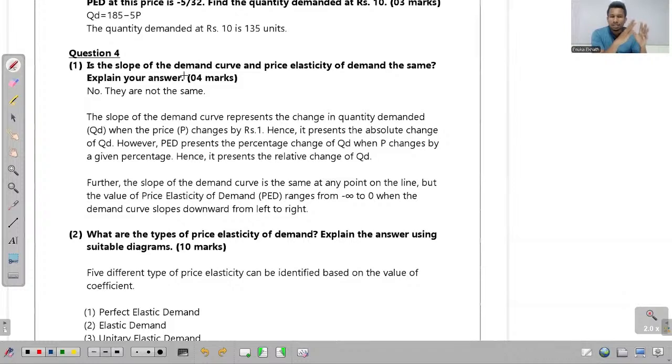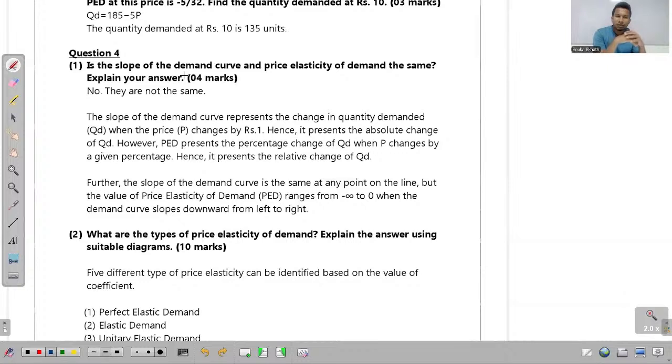Elasticity is about the percentage change. The elasticity of demand is about the percentage change of demand, and the elasticity of supply is about the percentage change of supply. That is already in your head at a concrete level.